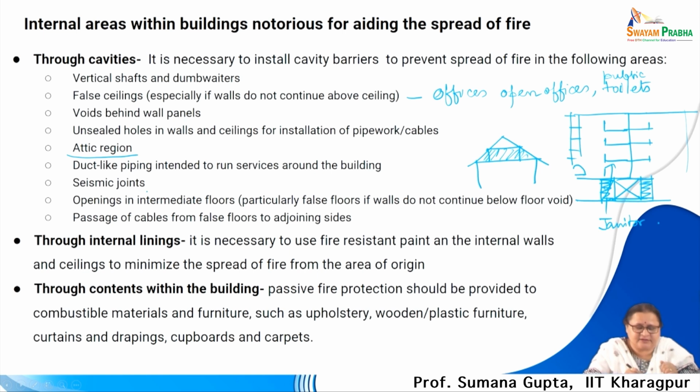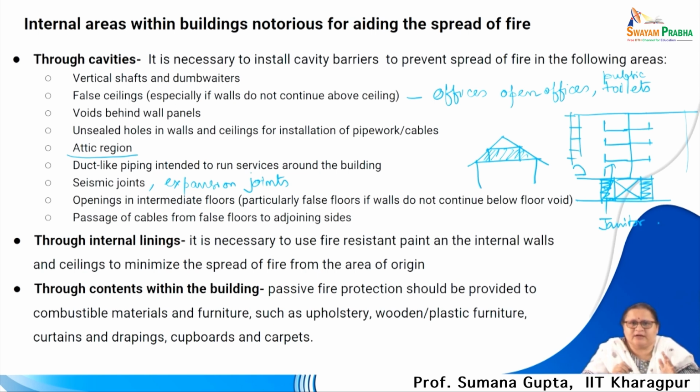Seismic joints, expansion joints, they are all to be sealed with appropriate fire safe materials, fire resistant materials. Openings in intermediate floors, particularly false floor, if walls do not continue below the floor void. Passage of cables from false floor to adjoining sides.